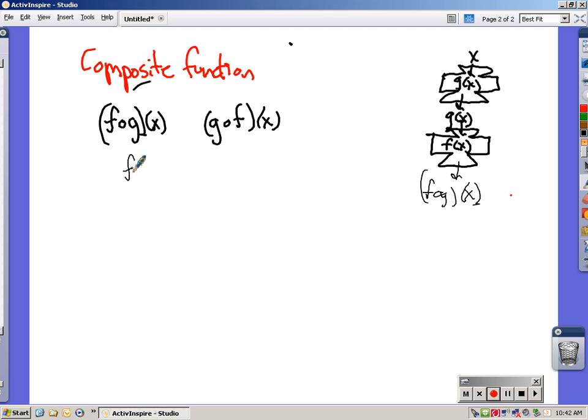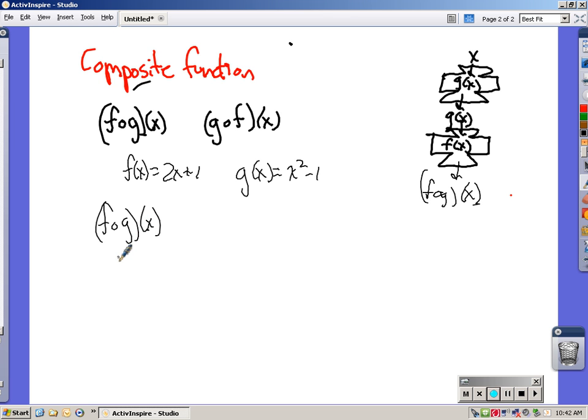So let's just define a couple. f of x, let's make that 2x plus 1. And g of x, let's make that x squared minus 1. So these are just defined. f of g of x, we'll do both of these. f of g of x.